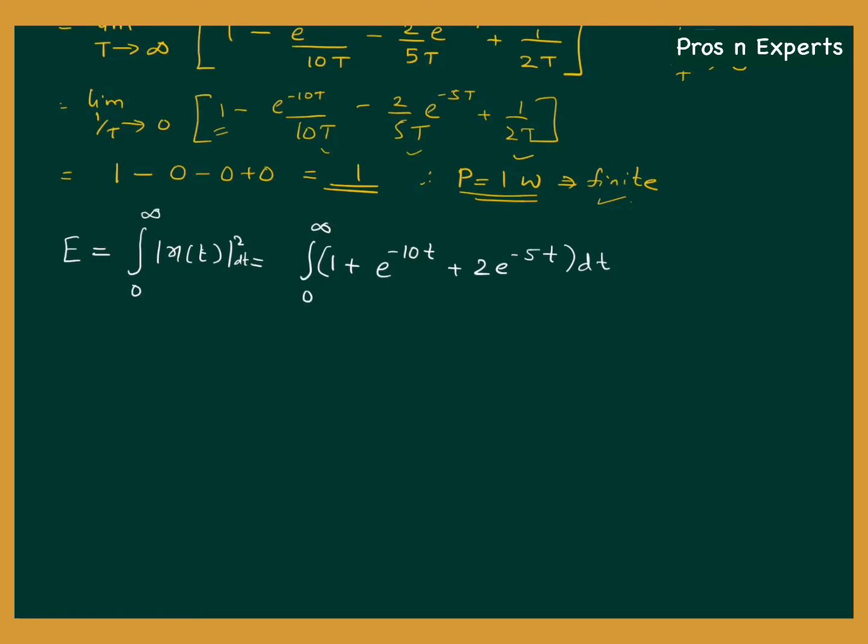You need not expand it because this integral from 0 to infinity will always give you an unbounded output. Integrating the term 1 alone gives you infinity, so no need to take care of the other two terms. The answer will be infinity.